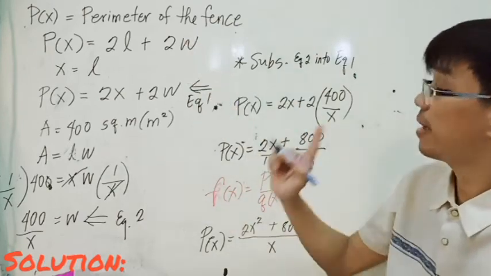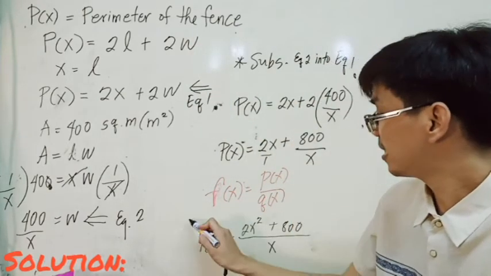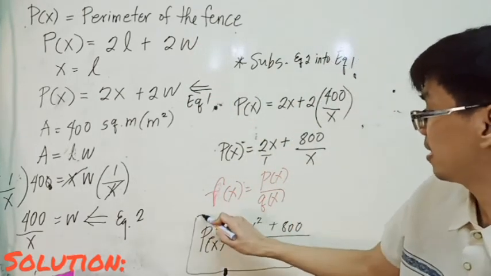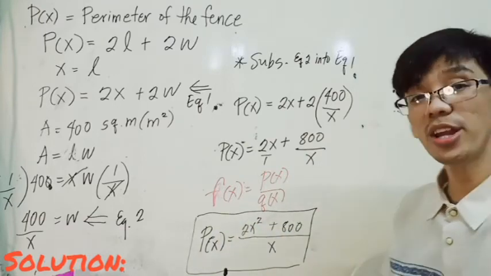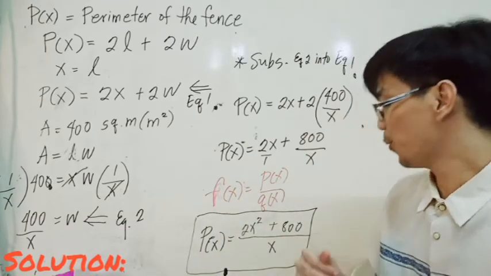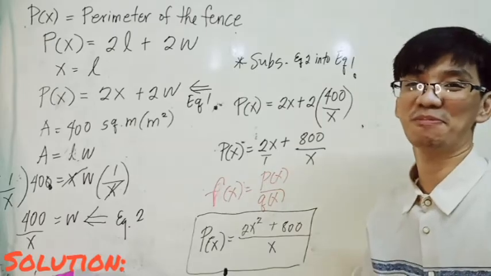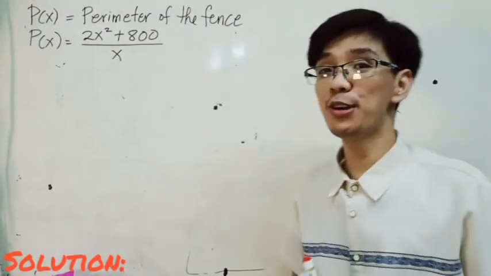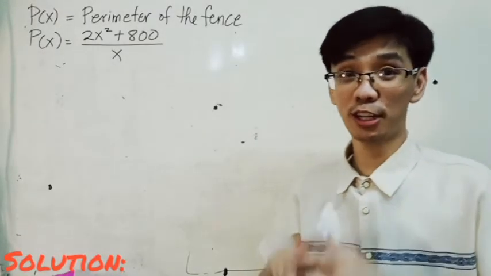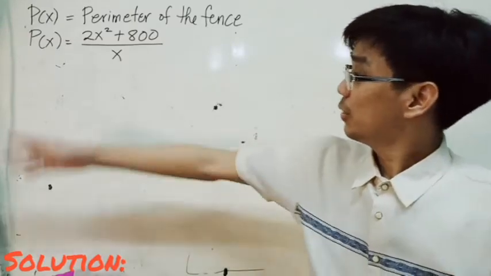Therefore, our perimeter function for the fence is p of x is equal to 2x squared plus 800 all over x.